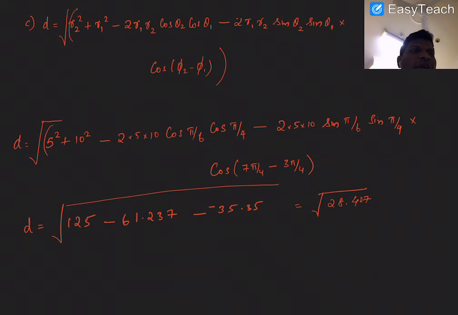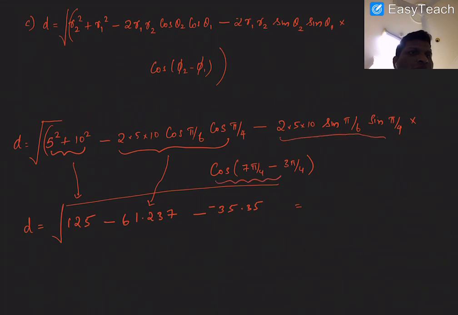After calculating, the total will be 125, and this term you will get as 61.237, and the last term, all together, you will get as minus 35.35.